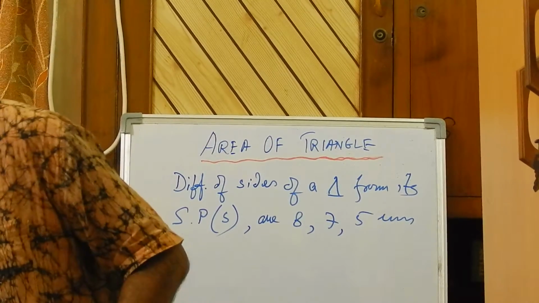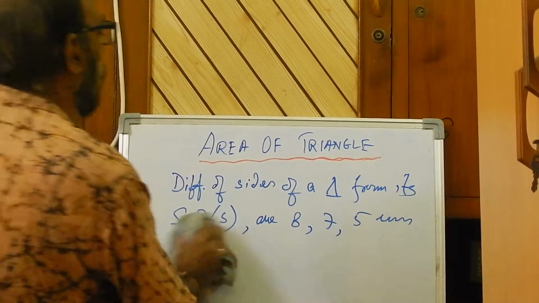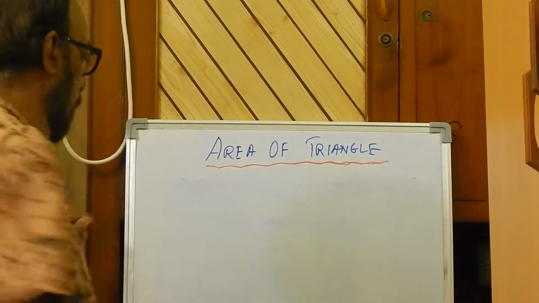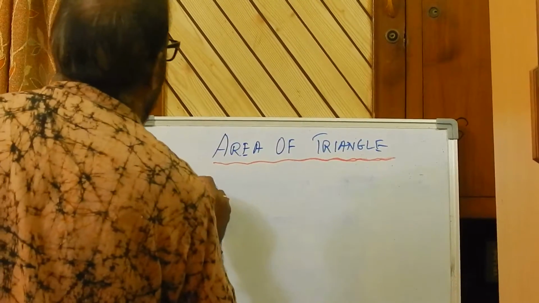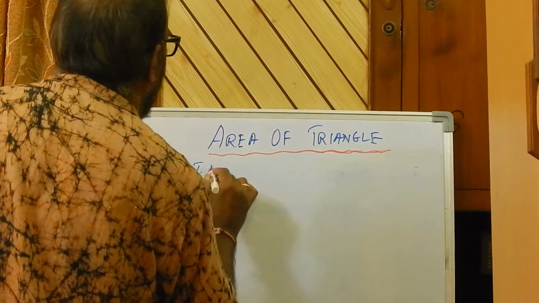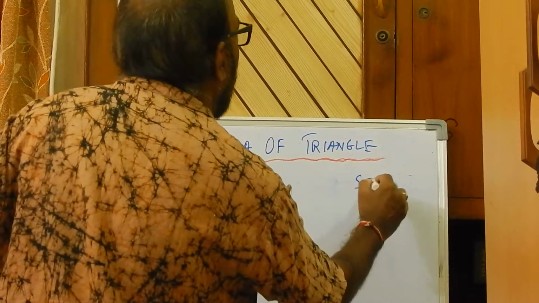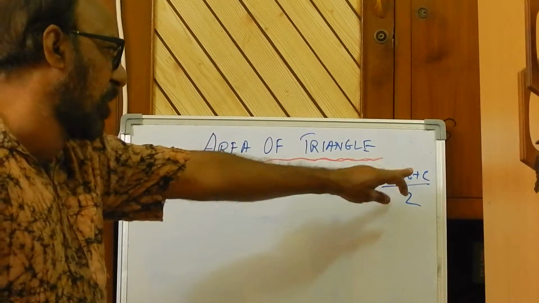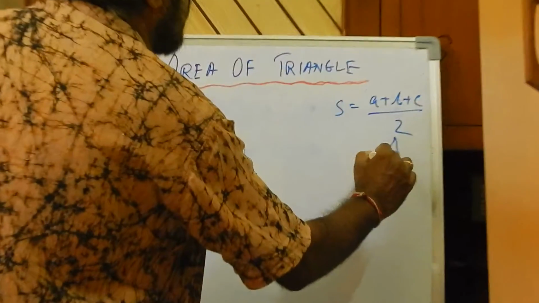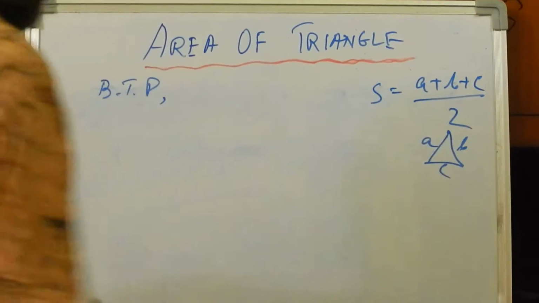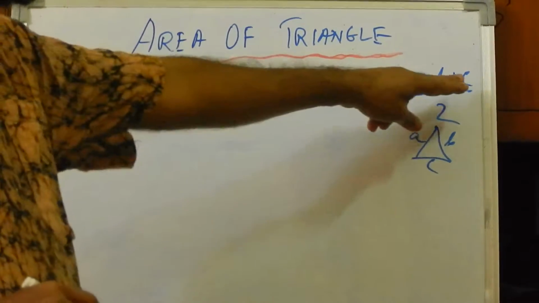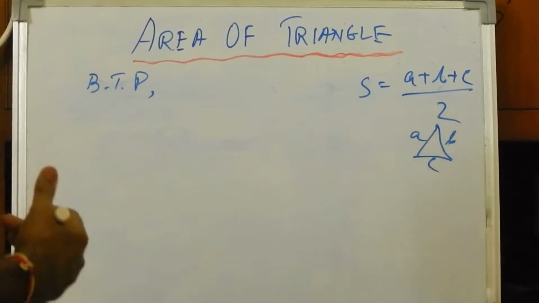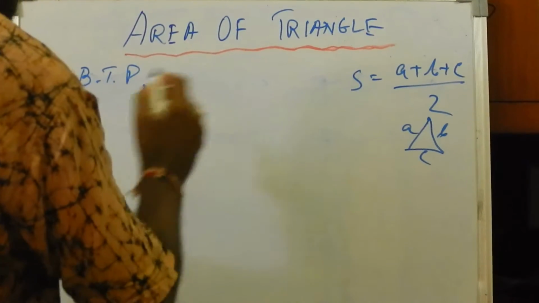So as per the condition of the problem, what do we know? S is equal to a plus b plus c by 2, where a, b, c are the sides of a triangle. Semi-perimeter is a plus b plus c, and semi means half, that is by 2. So here also this applies.